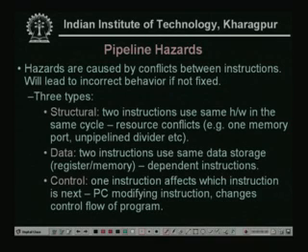Now, the control hazard: one instruction affects which instruction is next. So, a PC-modifying instruction changes the control flow of the program. This is also one type of hazard, called control hazards.